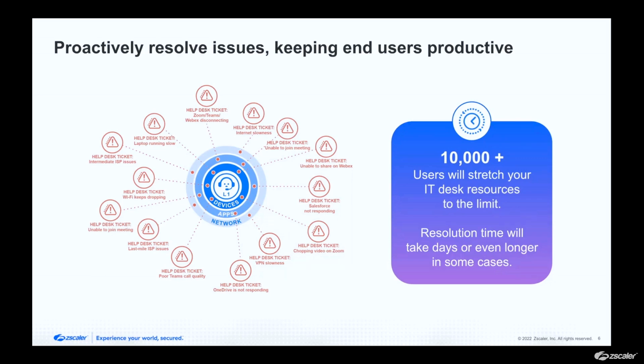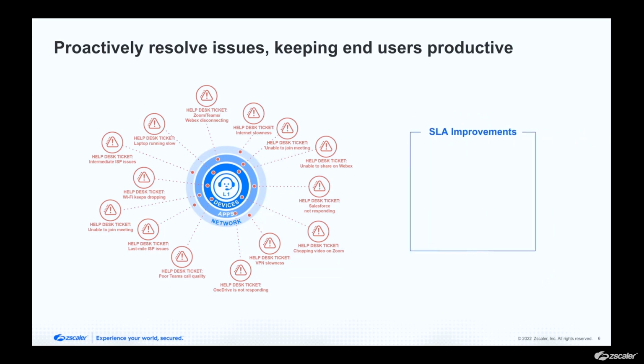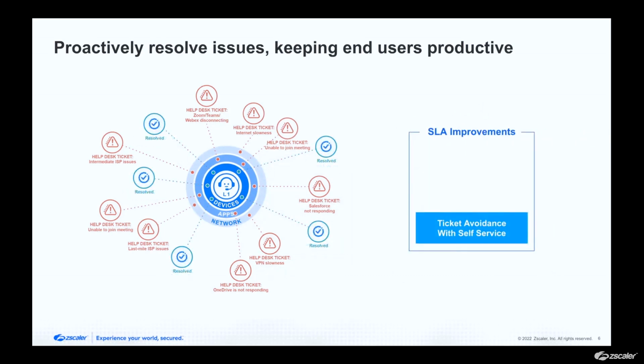There's AI capabilities that Ben was talking about. The first one is around self-service. With self-service, the idea is that before a ticket is even created, end users would be notified of any Wi-Fi issue or anything around last mile ISP issues, and it gives them an idea as to how to remediate it themselves.